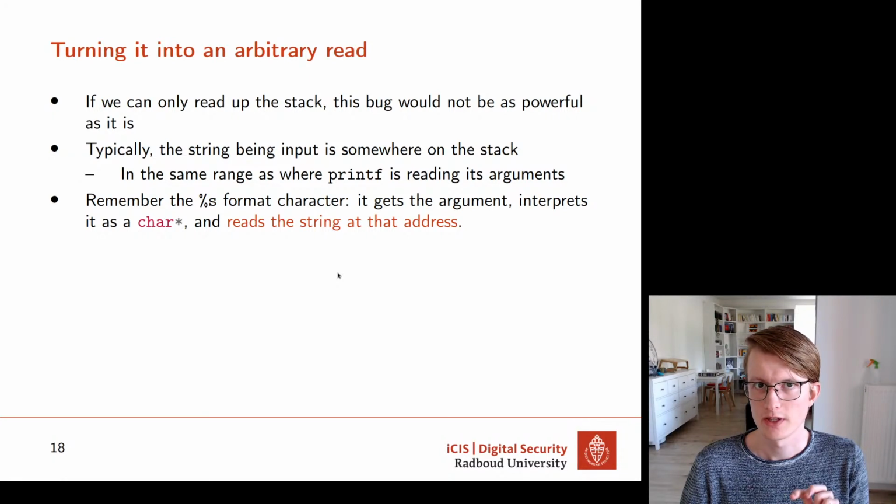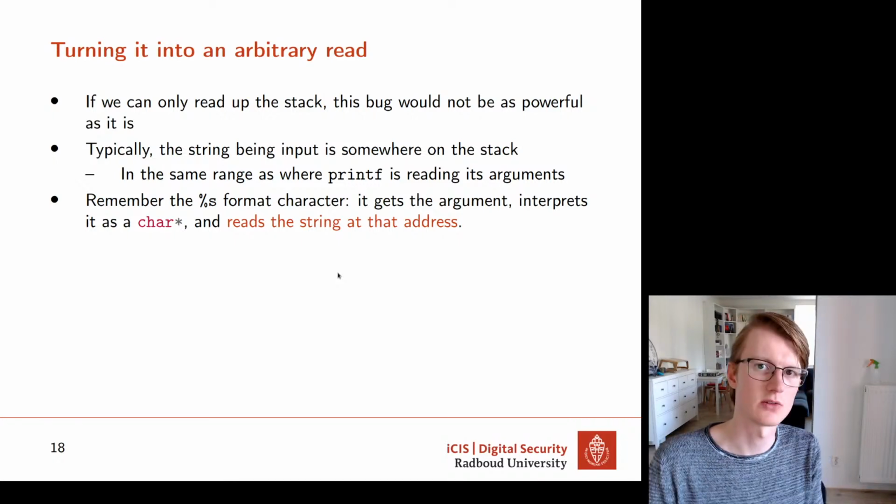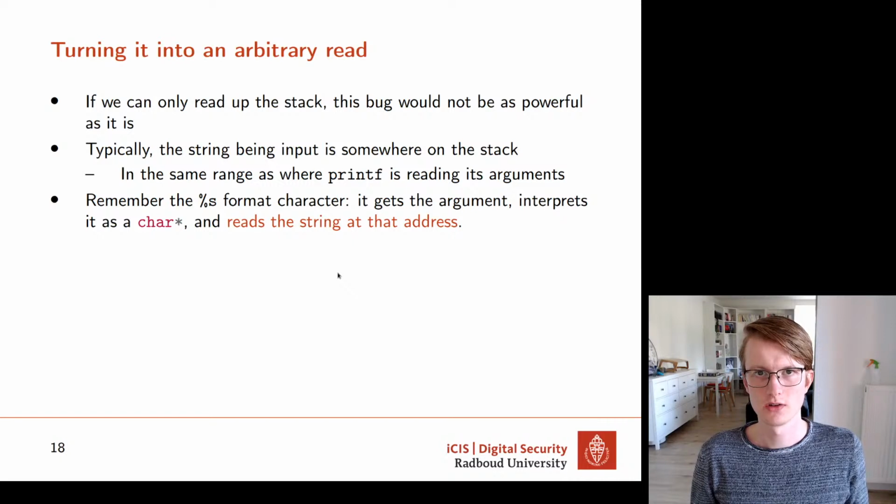And if we also then remember the %s formatting character, this formatting character gets the argument that is in the position it is currently reading, but then it doesn't read that as an integer, which is just a straight translation of bytes.